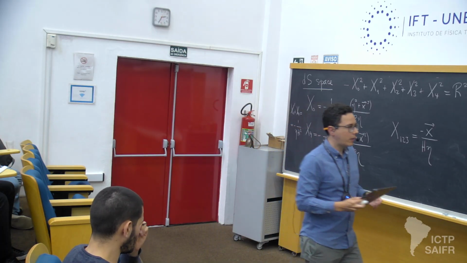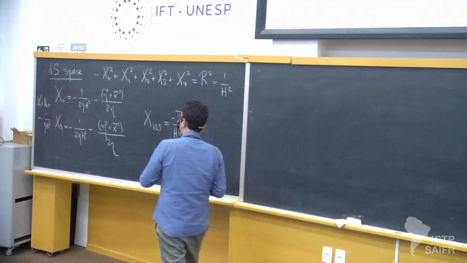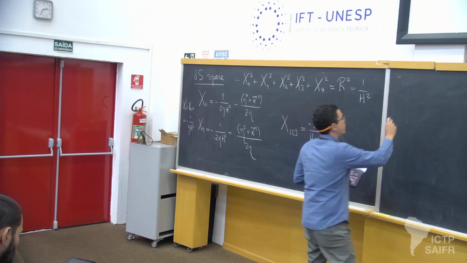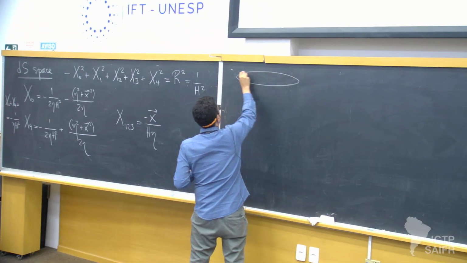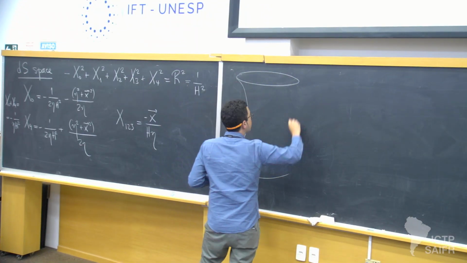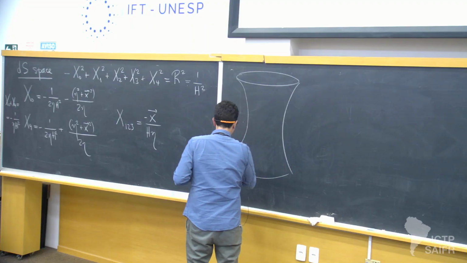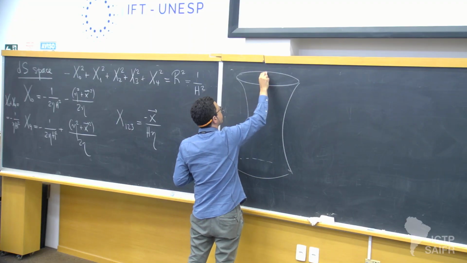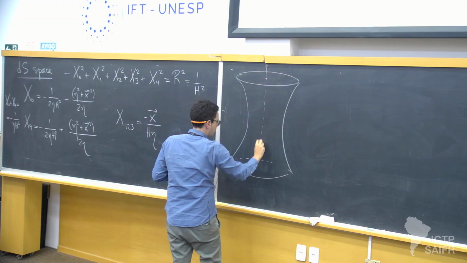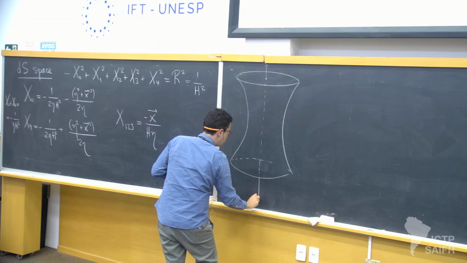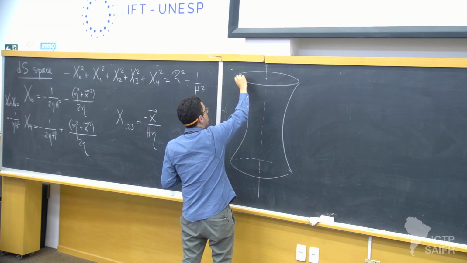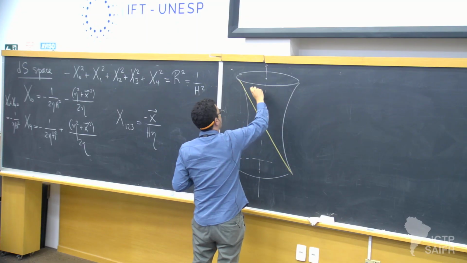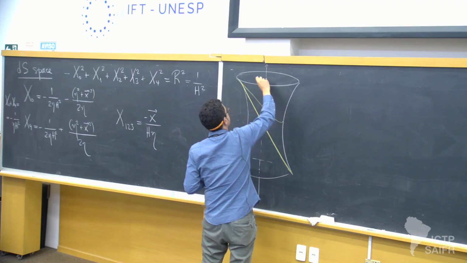There was some question after the lecture about why you only cover part of the manifold. So the de Sitter space, if you visualize it as the hyperboloid, there's a coordinate singularity, so that you only cover the upper half here, okay, with planes.